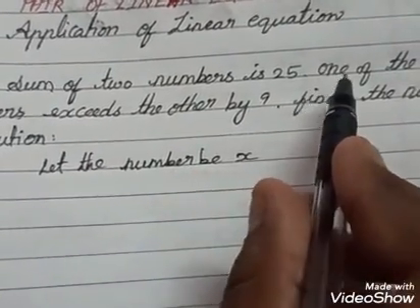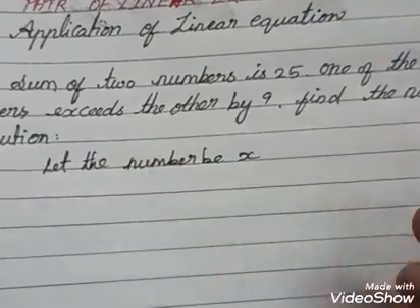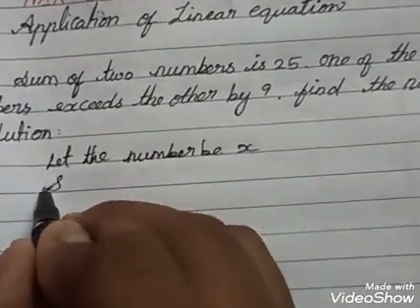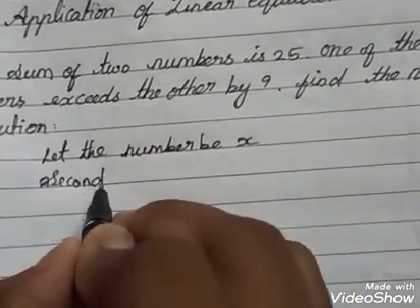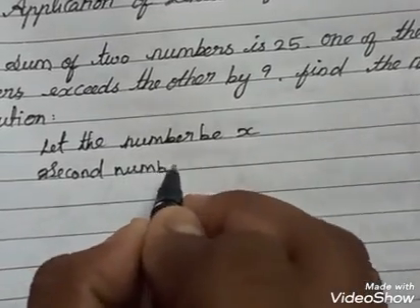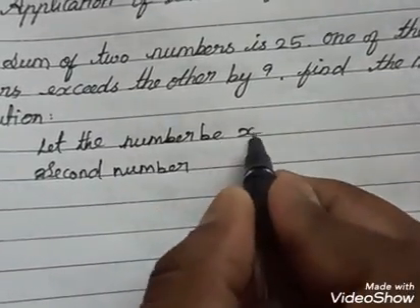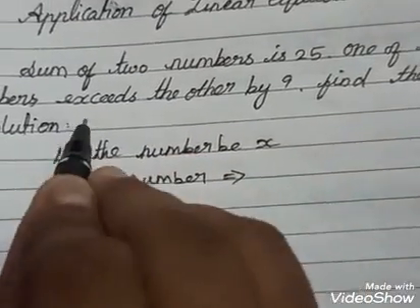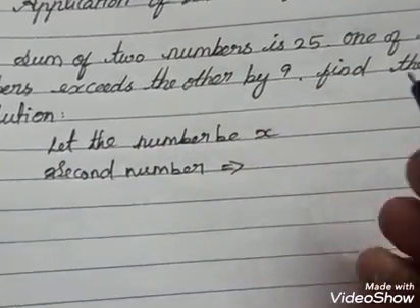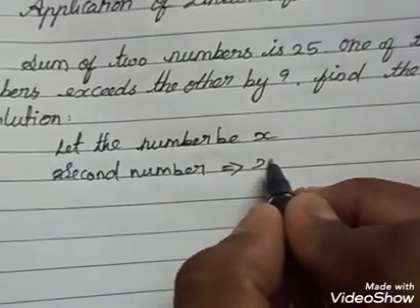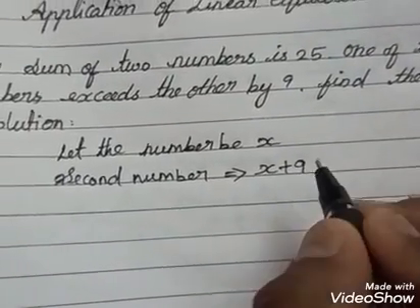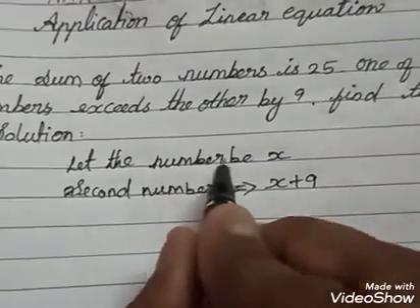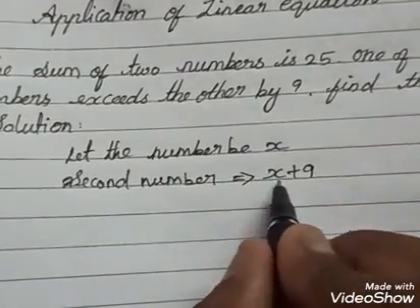And they say one of the numbers exceeds the other, so the second number, which implies it should exceed the other by 9. Exceed other by 9 means more than 9, so it should be x plus 9. So the one number is x and another number is x plus 9.